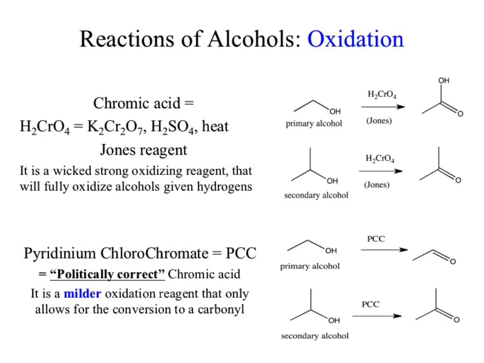So if you see chromium and any form of acid, it's chromic acid. That's the best way to do it. Chromium is a wicked strong oxidizing agent, so it will oxidize the crap out of anything it touches, as long as there's hydrogens to also remove.